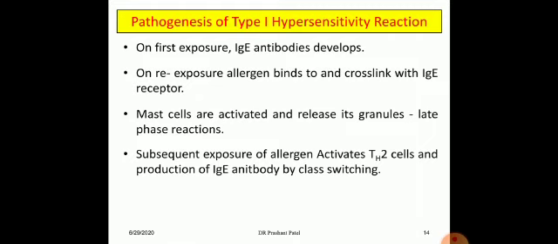Subsequent exposure to the allergen activates T2 cells, type 2 lymphocytes, and they produce IgE antibody by class switching. Normally these cells produce IgM or IgG antibody, but after activation, they produce IgE antibody. That's why it is known as class switching.